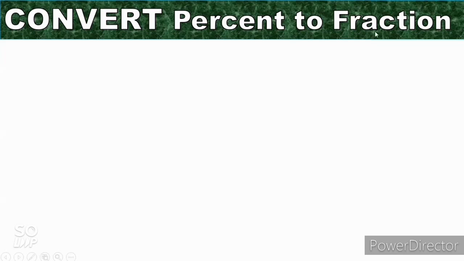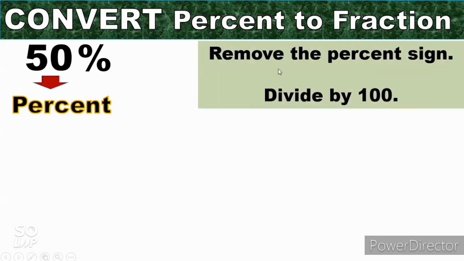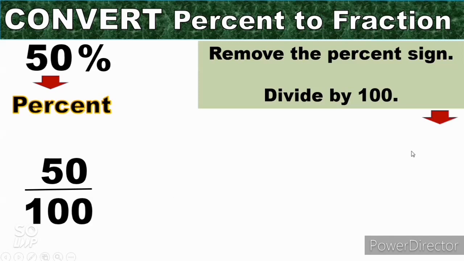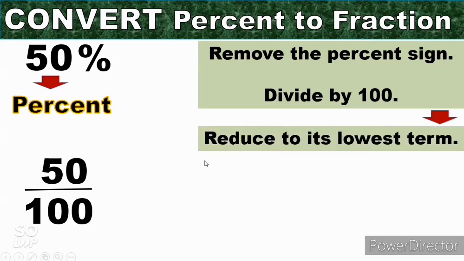Okay, now let's have the next one. We're going to convert percent to fraction. The first example is 50%. The first step is remove the percent sign and then we're going to divide by 100. So now we have 50 over 100 and then reduce to its lowest term. Okay, so in this example, we can cancel 0.